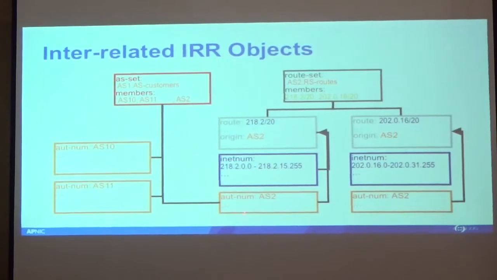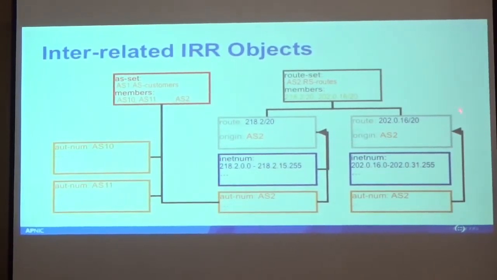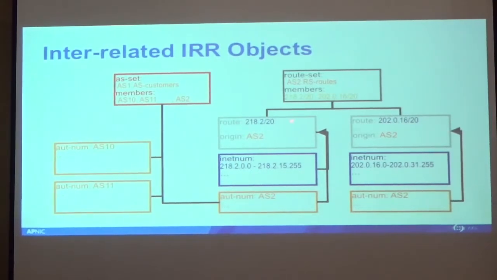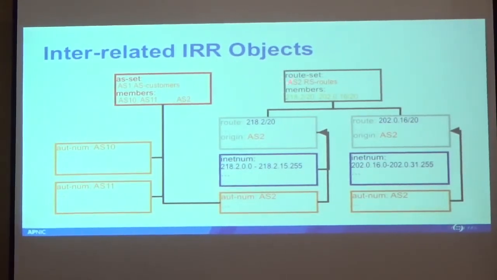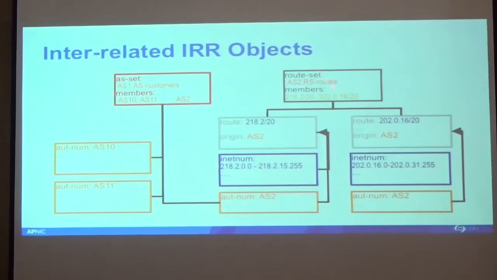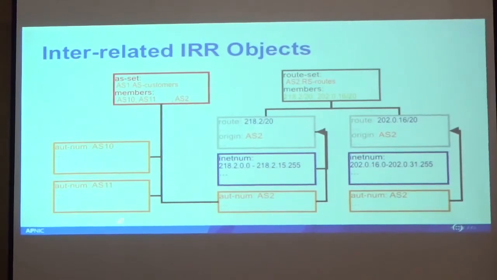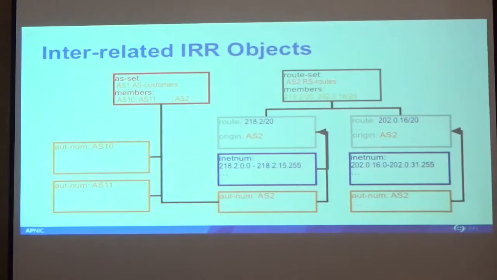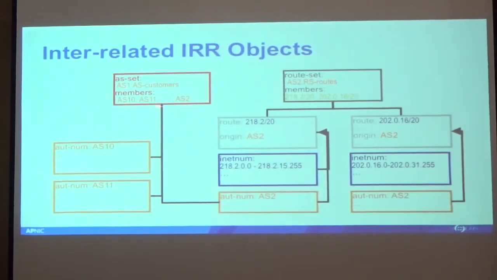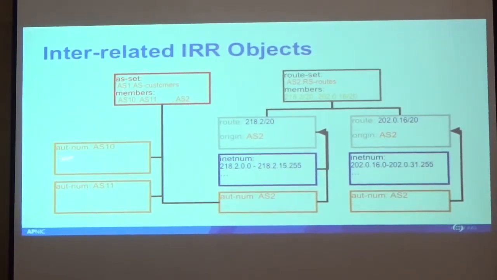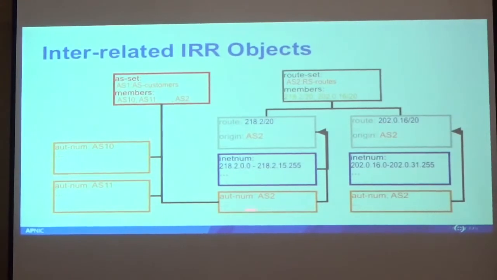If you have multiple route objects, this route and this route, you can create a route set object that has these two /20 blocks as the members. Same thing with AS set. If I have multiple autonomous system numbers, aut-num objects, I can create an AS set object with members pointing to AS10, AS11, and AS2.